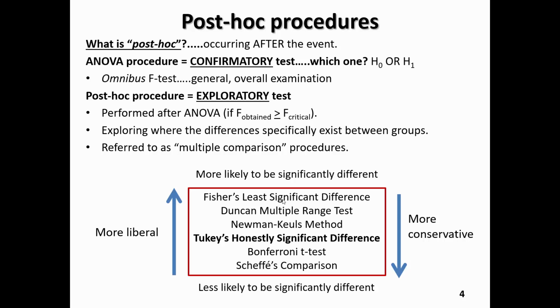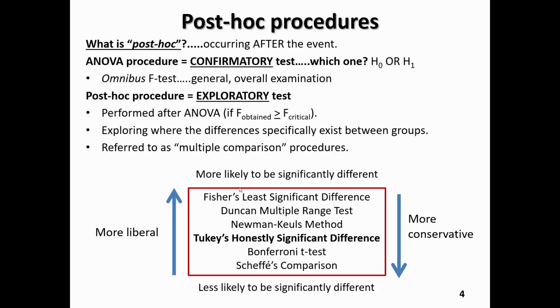Now, what makes these different from each other is whether we want to have a high standard for establishing a statistical difference between any two given groups, or we want to be a little bit more liberal in being able to determine if there is a statistical difference between any two groups.